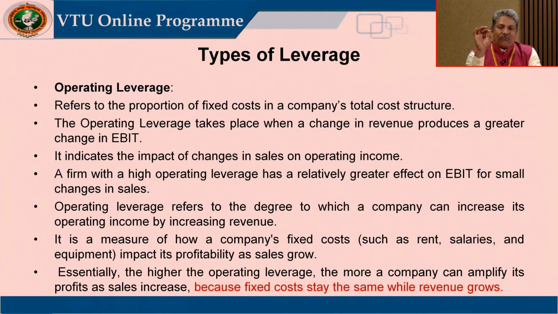If the fixed cost element is high, then the company is using high operating leverage. If high operating leverage is used, then if there is a small change in revenue, it produces a greater change in operating profit or EBIT. That is the concept of operating leverage.